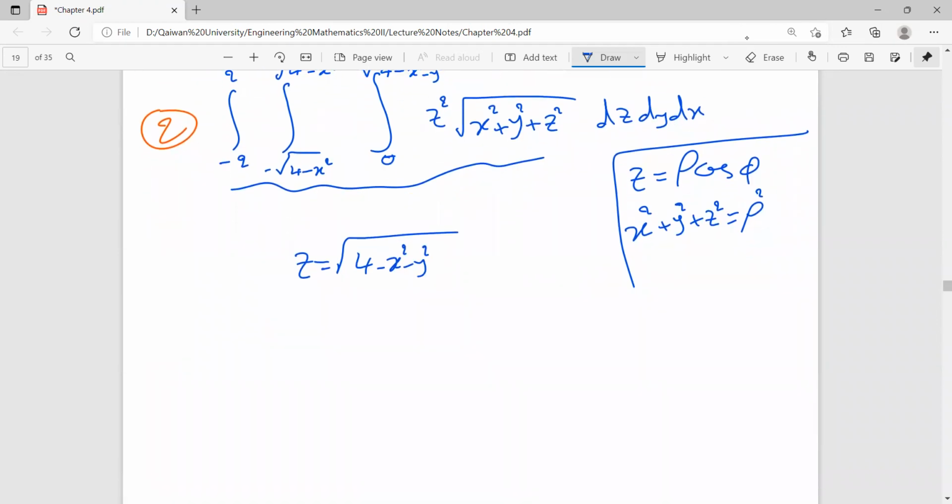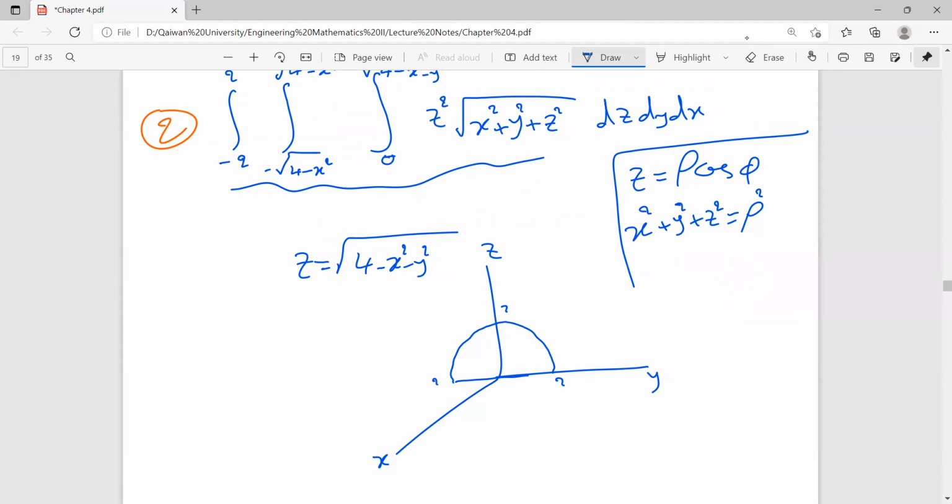This is a semi-sphere. It's like this. This is the x-axis, that's the y-axis, and the z-axis. Its radius is 2.